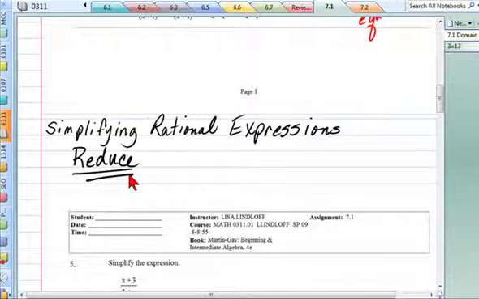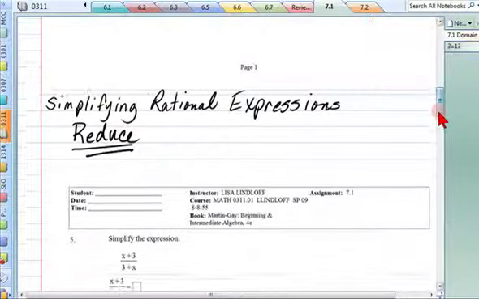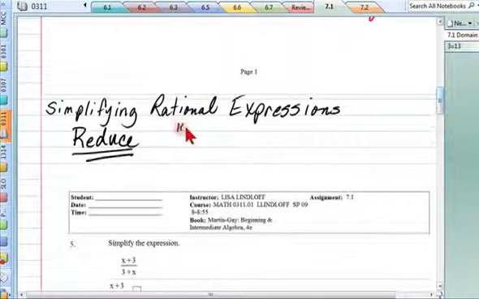Now, arithmetic fractions. Let's suppose we have 10 over 15. How do you reduce that fraction? You divide. What do you divide into the top and the bottom? 5. Because you're looking for the greatest common factor. 5 goes into the top and 5 goes into the bottom.